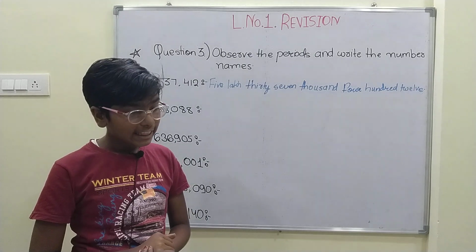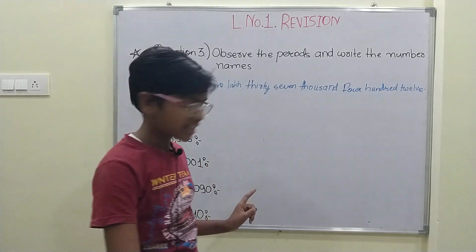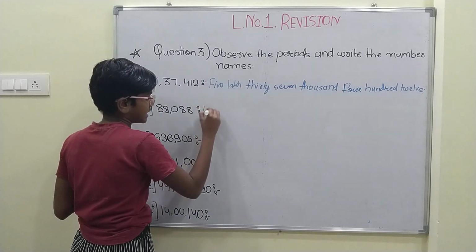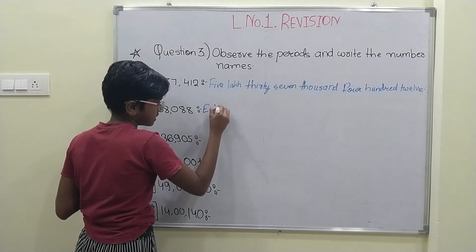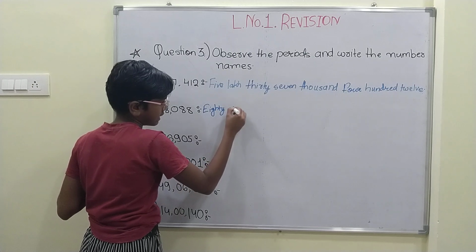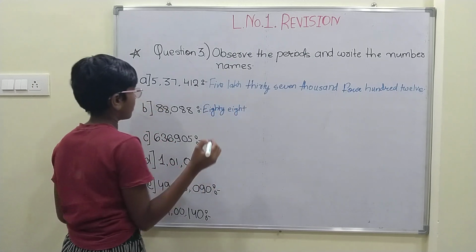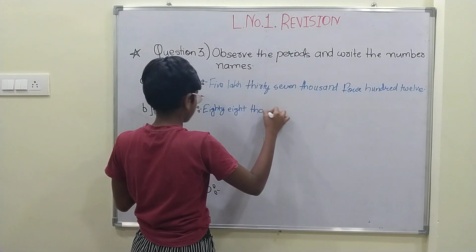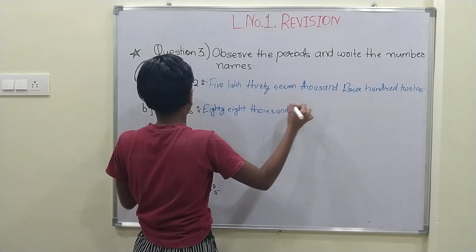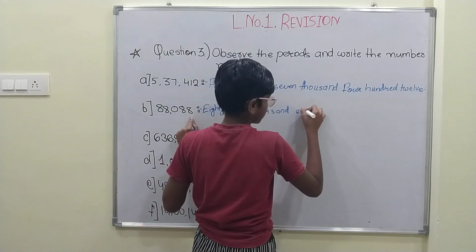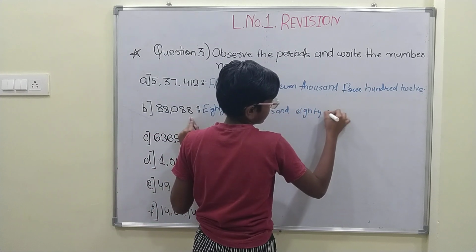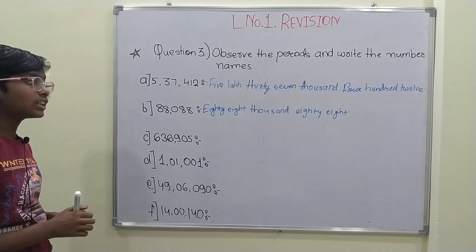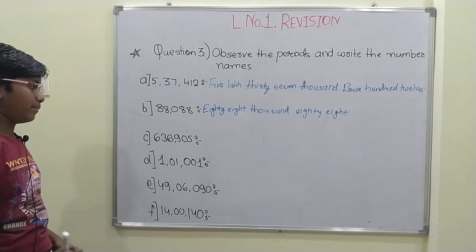So the second one, we will write it in the Indian system. So, we'll write 88,000. 88. 80,088.